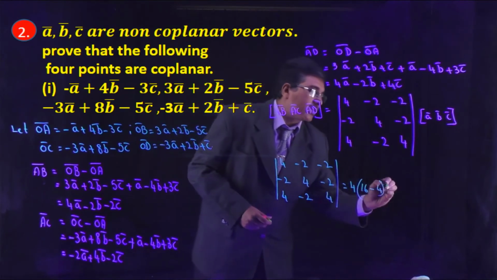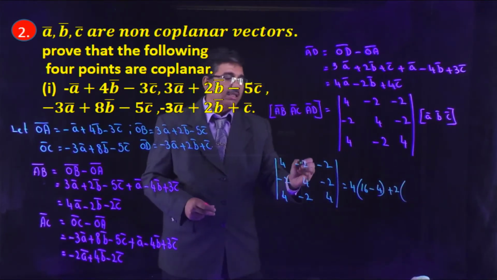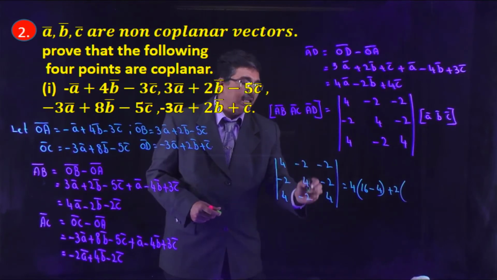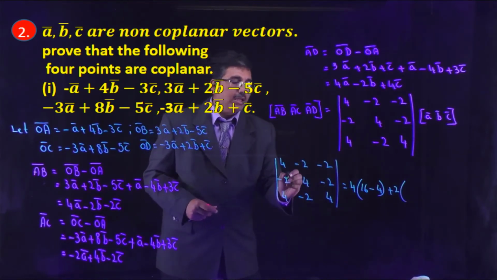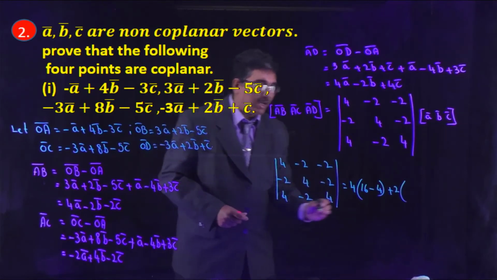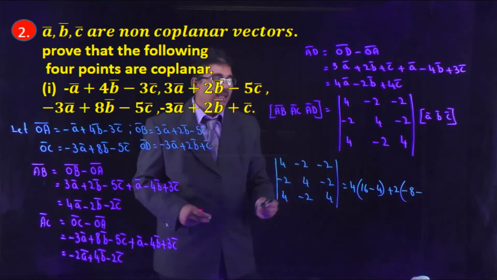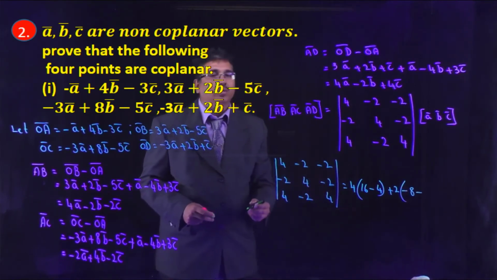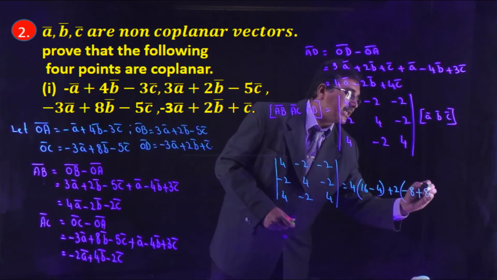Now plus 2 into, deleting this column and this row, we have minus 2 into 4 minus 8, minus 4 into minus 2, minus 8, minus into minus plus 8.